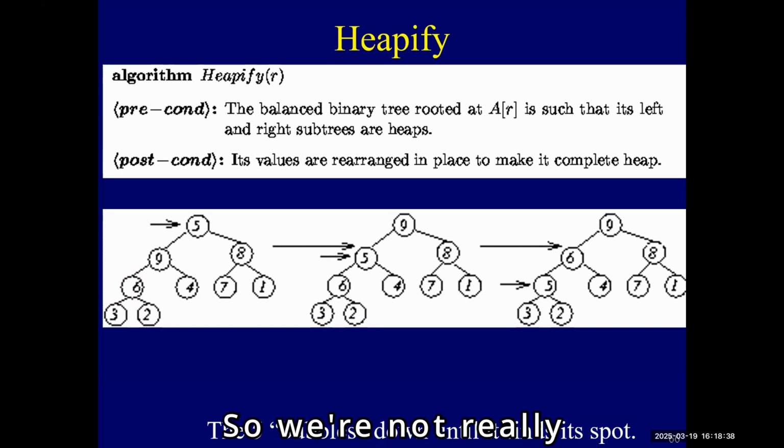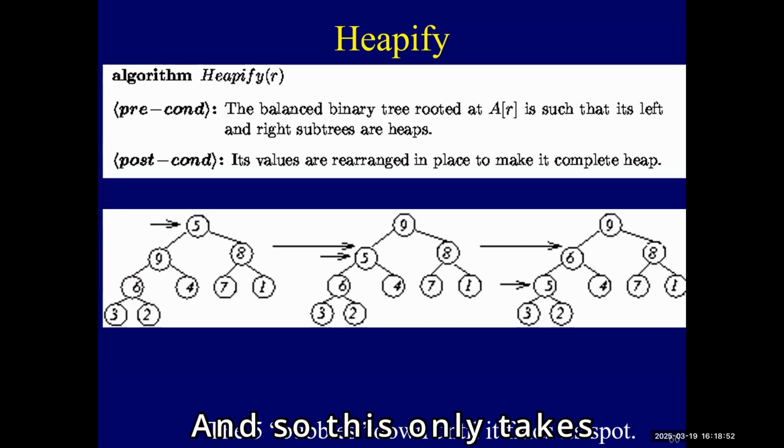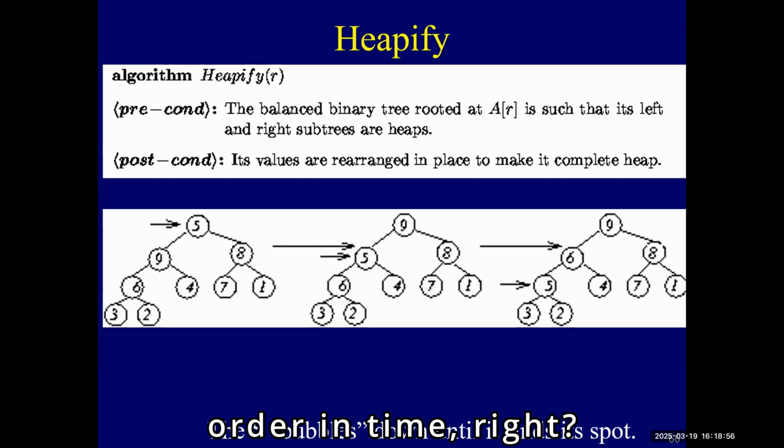So we're not really sorting them. If we wanted to put them in a binary search tree, then they would be sorted and it would take log n time. But we're not really sorting them, and so this only takes order n time. Right? Everybody good with that?